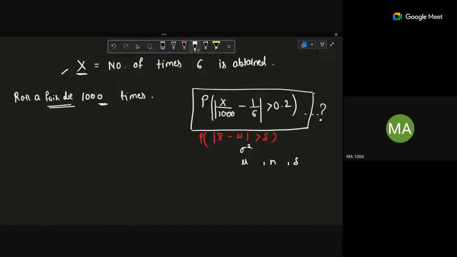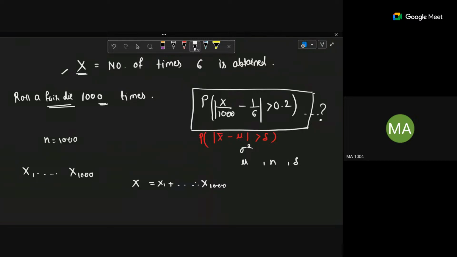That means our n is equal to 1000, so we need x1 to x1000. That is the sample size given to you, 1000 times. And x is the number of times 6 is obtained. That means, can I write x as x1 plus up to x1000?